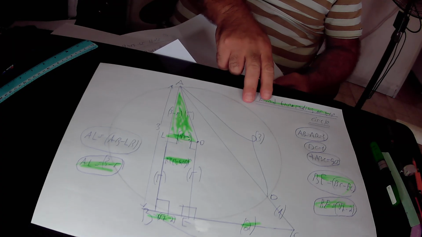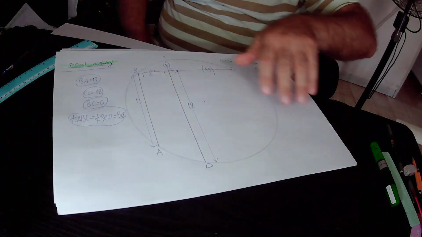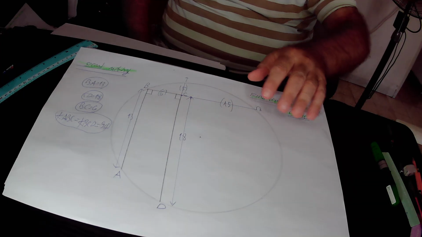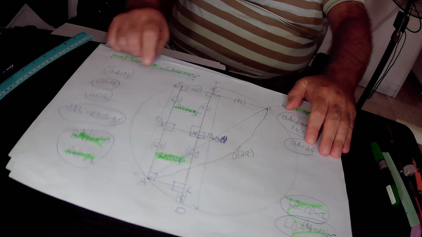In the next step, I present to you the second question, and we solve the second question in two different methods. In the second question, our task is to find the area of this circle. In the drawing, we have a circle.